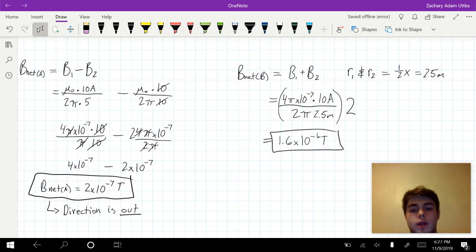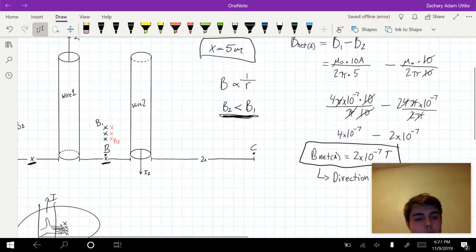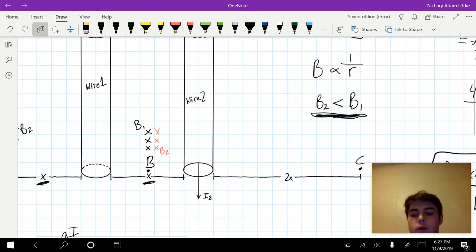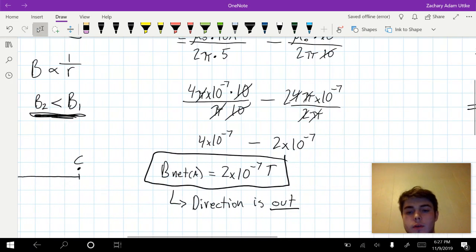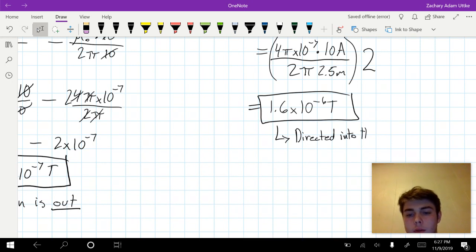And that gives us the magnitude of the net magnetic field at point B. After using our right-hand rule to draw what is actually happening, we can see that the direction is into the page. So let's write that. Directed into the page.